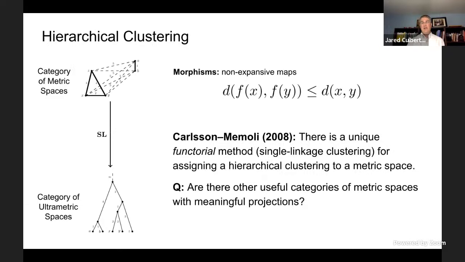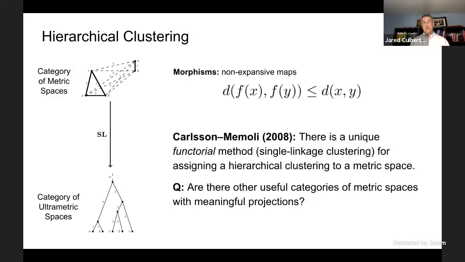And the philosophy here is that if you're wanting to do clustering and you have some data, you are allowed to decrease the distances through some processing. So if your function f here is some processing of that data, then you can decrease the distances, but you can't increase them, because you shouldn't be able to increase your ability to discriminate between data points through processing the data.